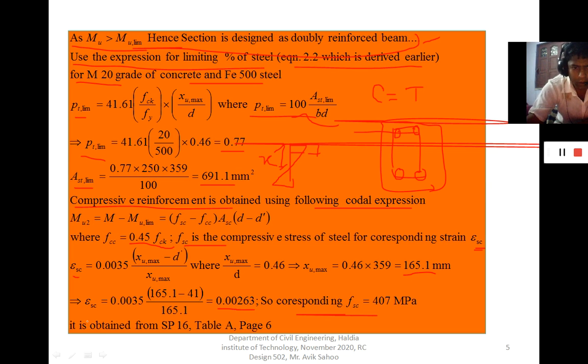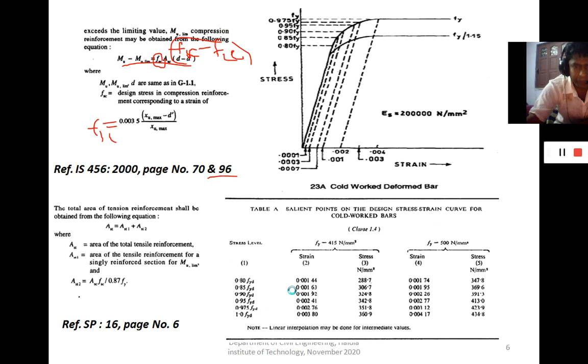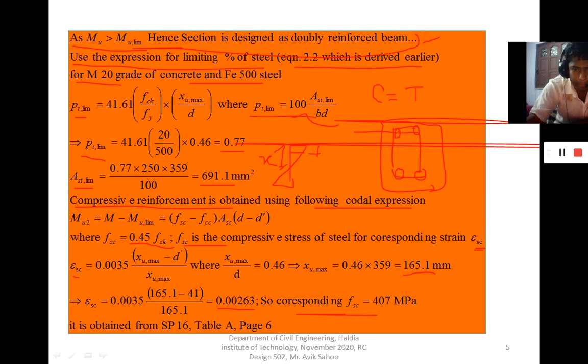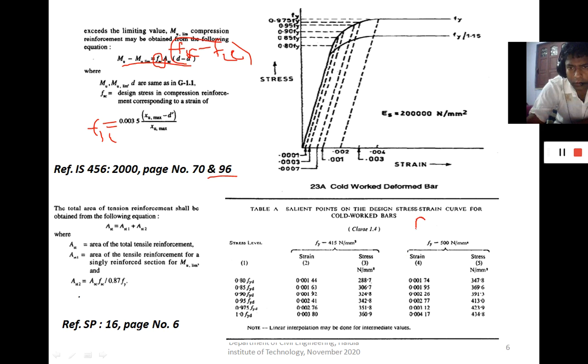407, which we get from SP16 Table A, page 6. Let me show you.